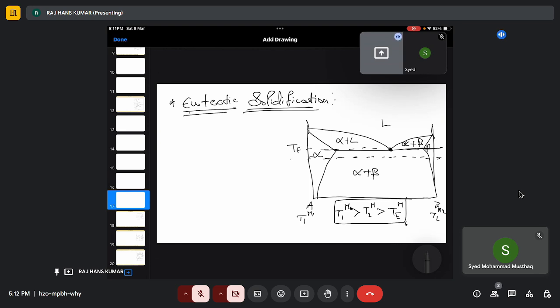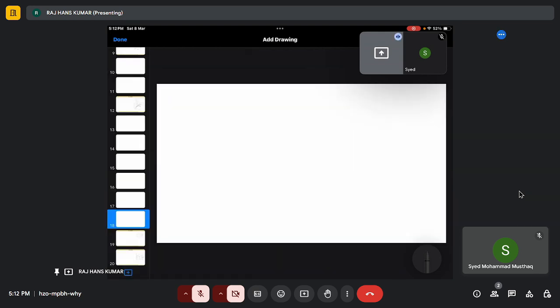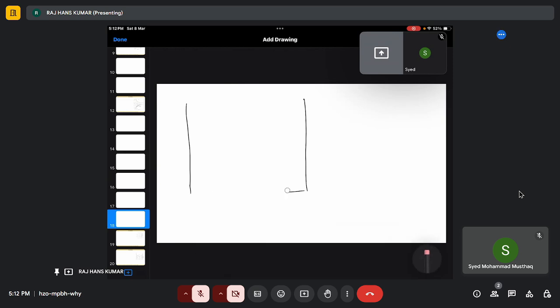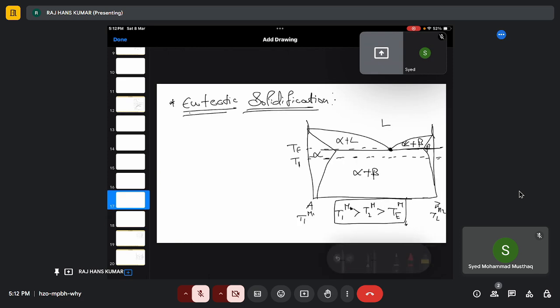Let this be TE, and let this be T1. Let me draw the phase diagram at TE first.